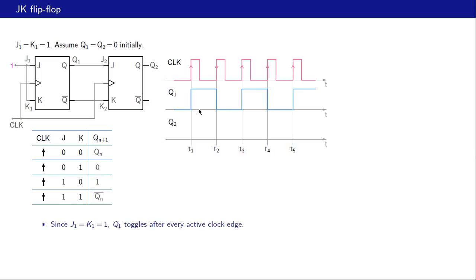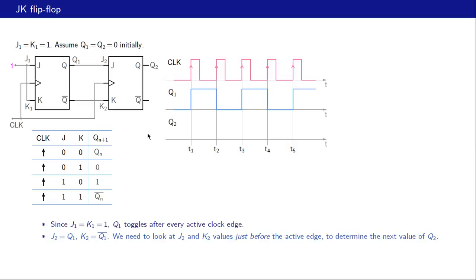So that is what it looks like. It was 0 to begin with, changes here, changes again, and so on. Getting Q1 was straightforward because the inputs to this flip-flop, J1 and K1, were not changing with time. They were always constant, equal to 1, and therefore we could figure out in advance what's going to happen to Q1.